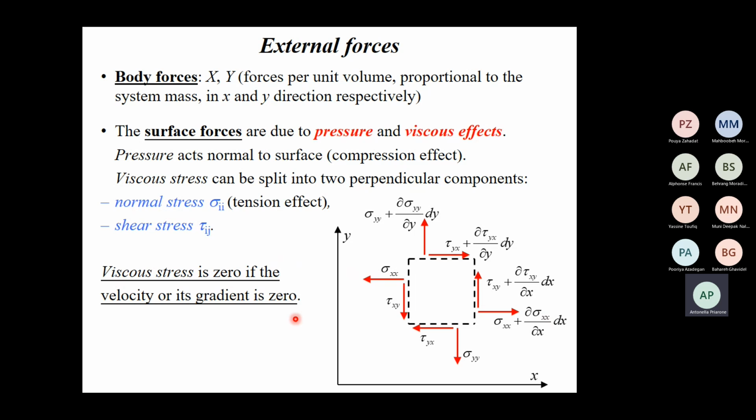So viscous stresses appear only if I have a motion in the fluid. And here in this sketch you have an example of all the components tau, shear stress, and sigma, normal stress, for the different surfaces in the different direction.